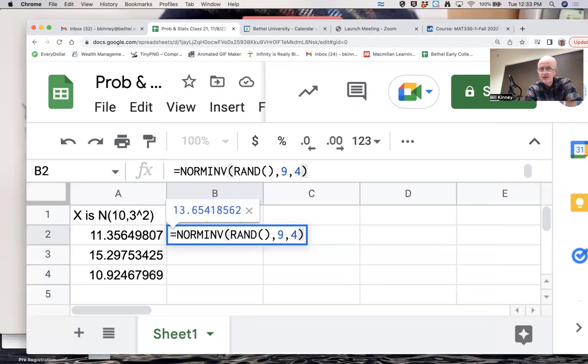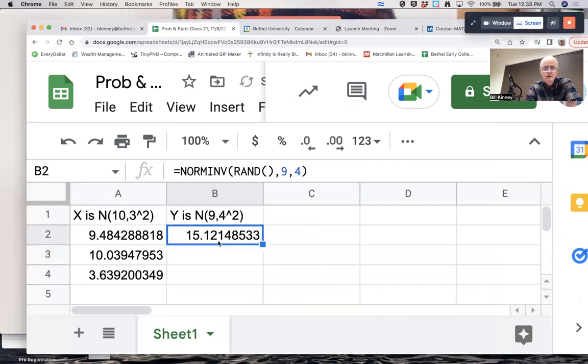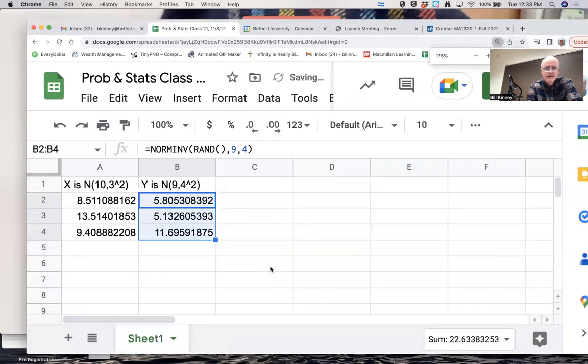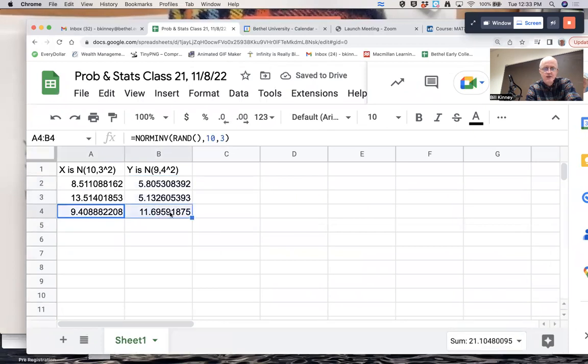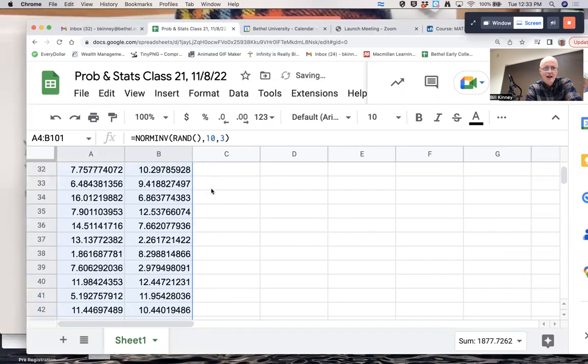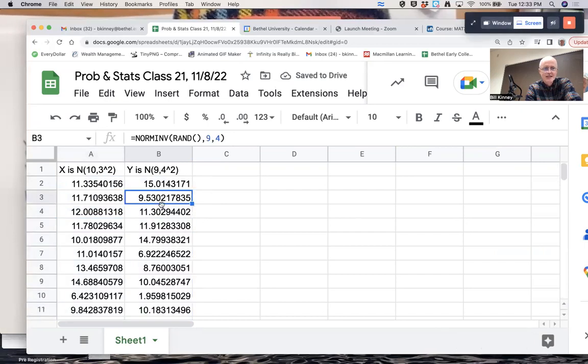So typically y is going to be smaller than x, but sometimes x will be smaller than y. Okay, copy and paste this down, get samples of size 100, say. And then, okay, so yeah, typically y is smaller than x.